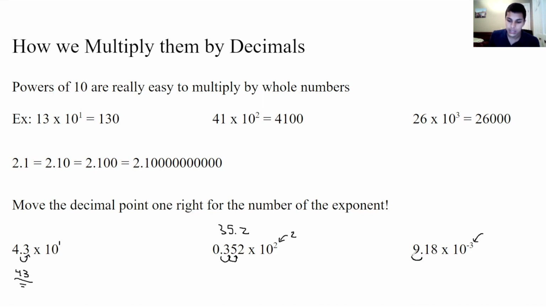So we get 0.918, and I'll draw the zeros in here. So we get 0.0918, 0.00918. So our final answer for this one would be 0.00918. And when you have a negative number in the exponent, remember, you move the decimal point to the left instead of to the right.